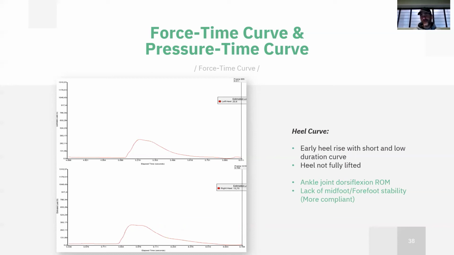This is a sign of a heel which is not fully lifted during striding. This can lead to a problem and a weakness in ankle joint dorsiflexion range of motion, and also a lack of stability in the midfoot and forefoot, which become more compliant.